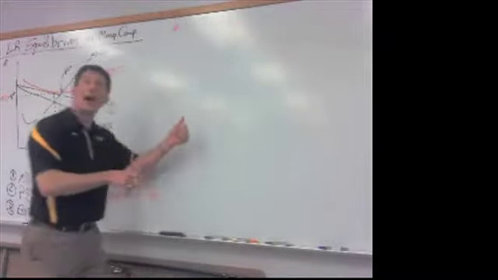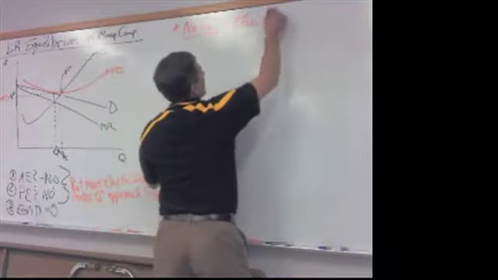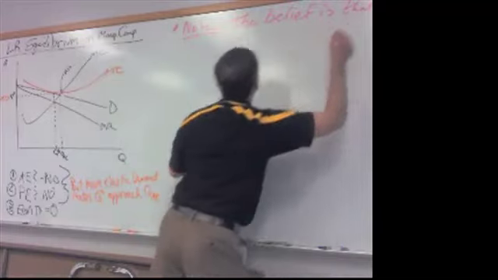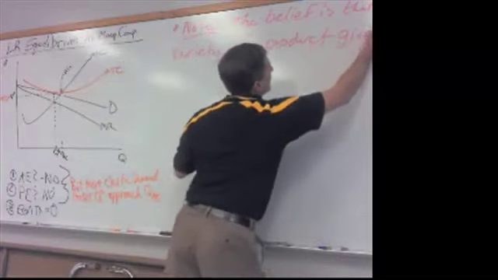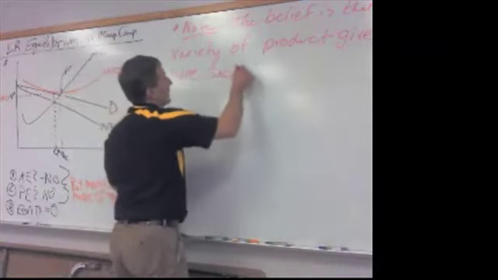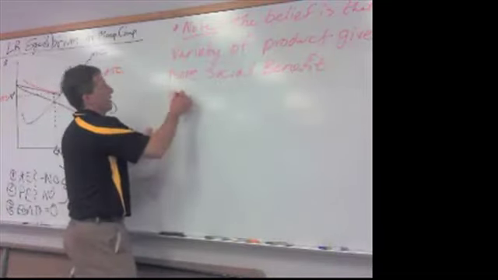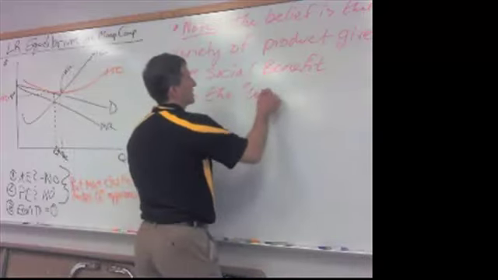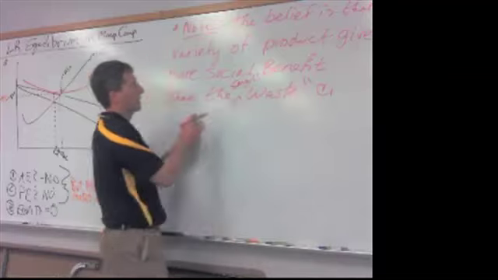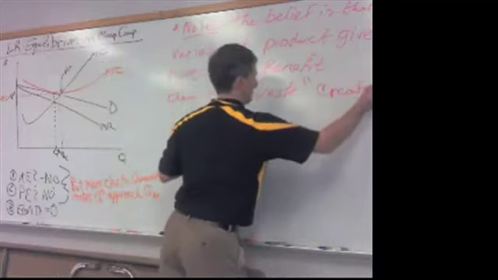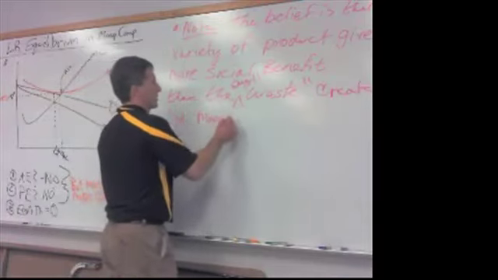So apparently in the United States, since we don't outlaw this, in fact we encourage it, the belief is that variety of product gives more social benefit than the waste, and maybe I should put small waste since we're approaching allocative efficiency, than the small waste created by monopolistic competition.